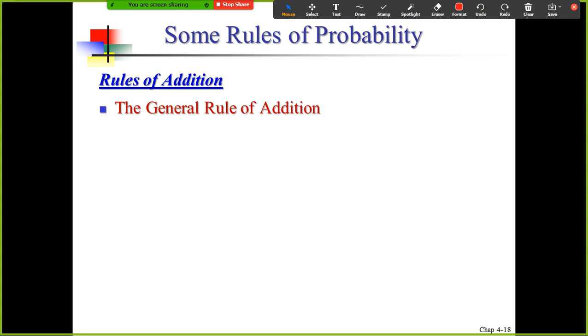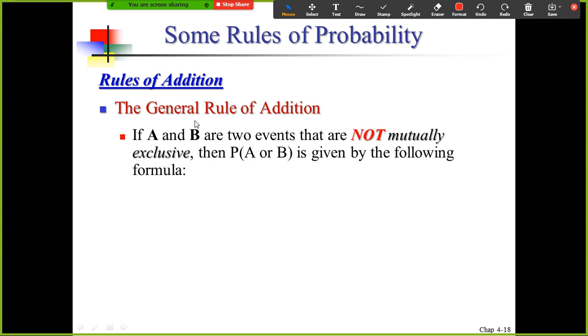Okay, the last rule of addition is the general rule of addition. In order to study the general rule of addition for probability, at least we have two events or two outcomes.